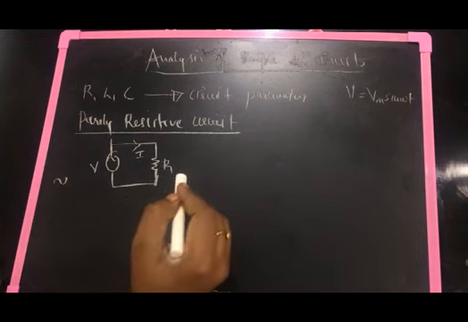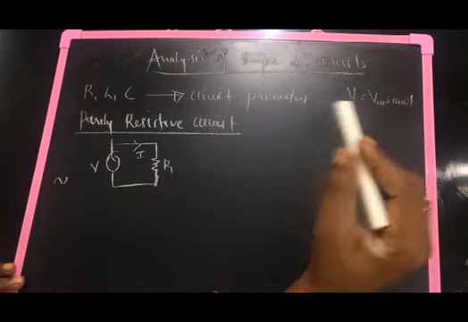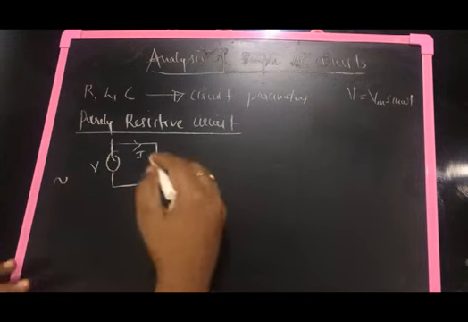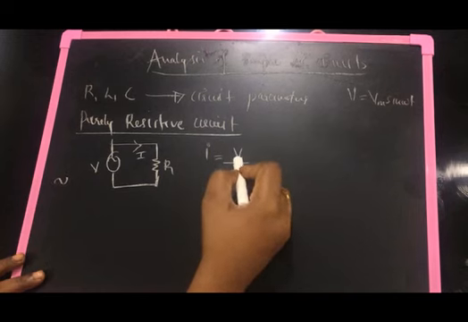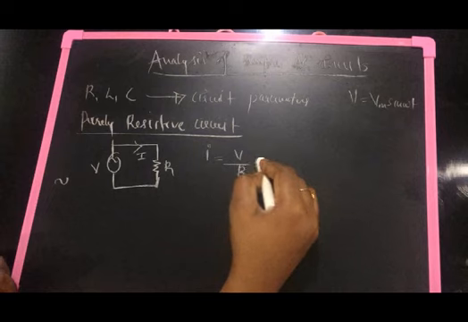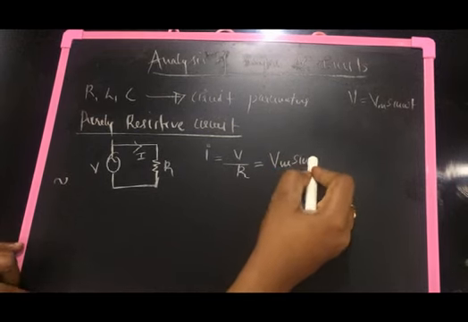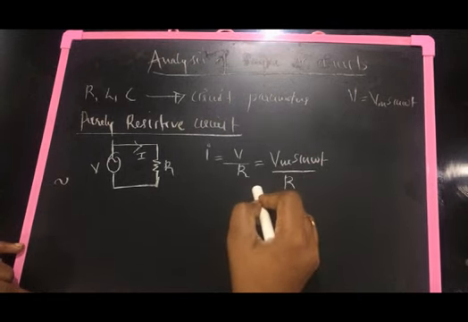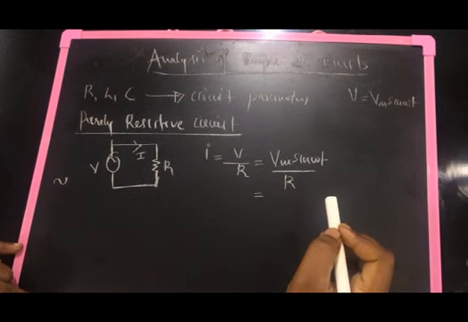As we have already learned, the sinusoidal voltage is given by V is equal to Vm sin omega t. We are going to write the equation based on this circuit. As per Ohm's law, I is equal to V by R. Since this is an AC source, we can replace V as Vm sin omega t by R. Therefore, Vm by R. What is V by R?